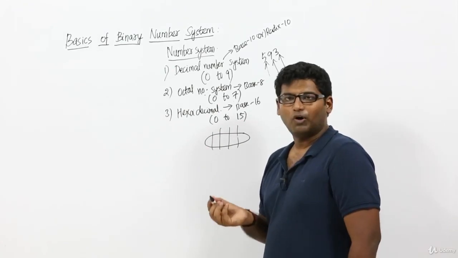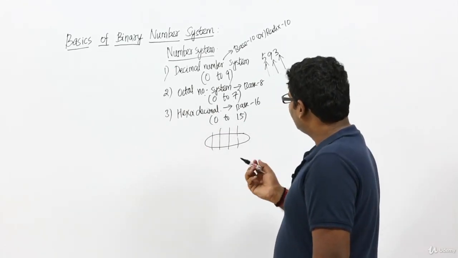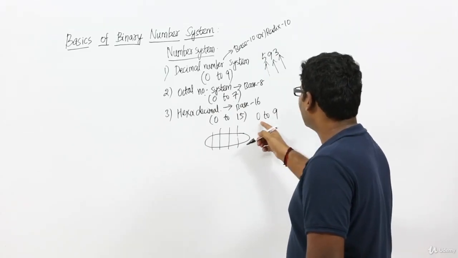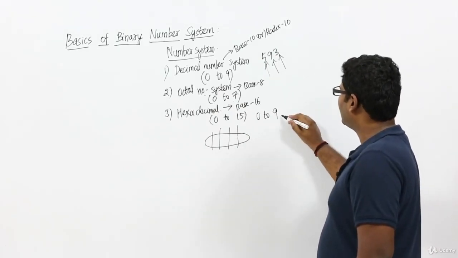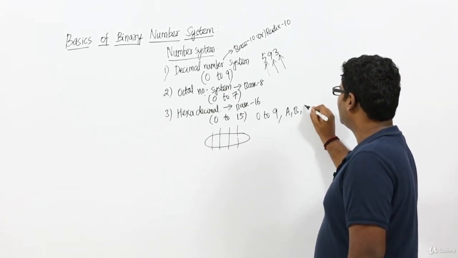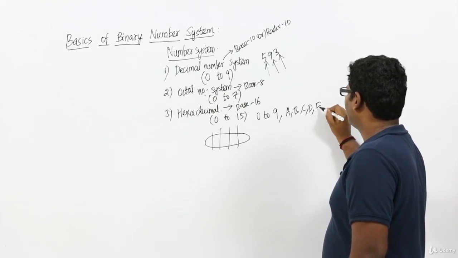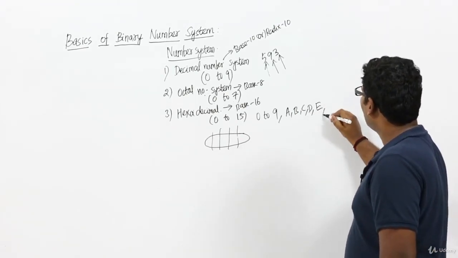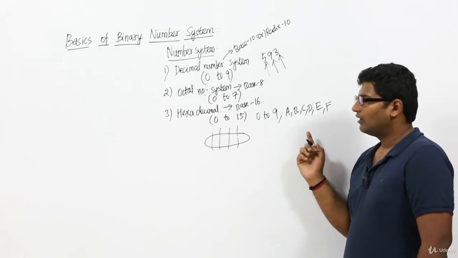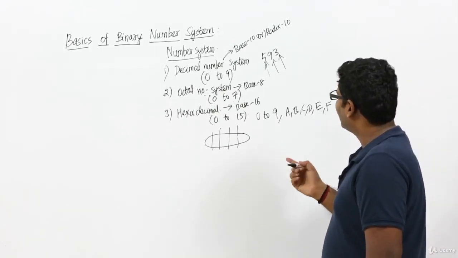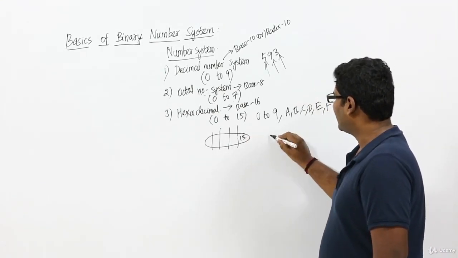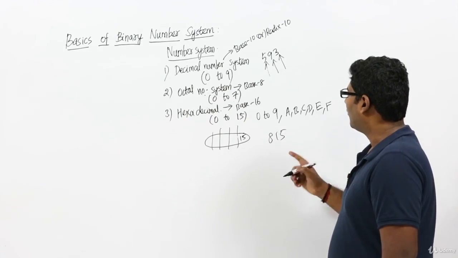But there is a small problem here. We represent 0 to 9 as it is, but 10 to 15 we represent using A, B, C, D, E and F. Why do we do this? If you write a number like 15, we might get confused. For example, if you write 815, what does it mean?